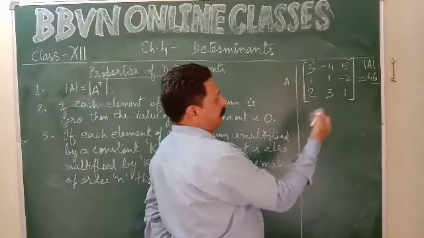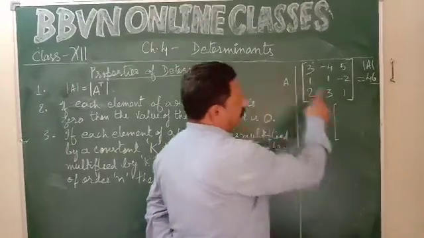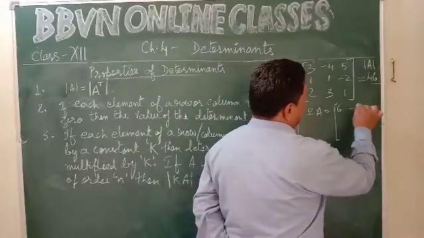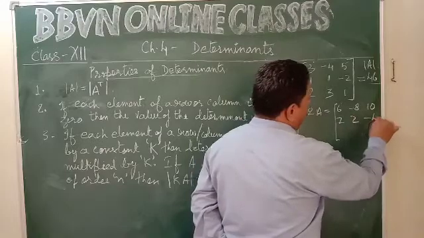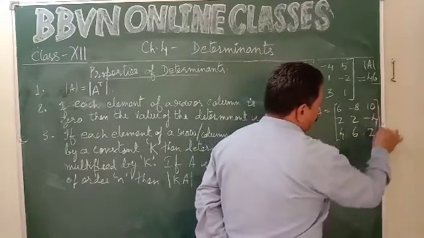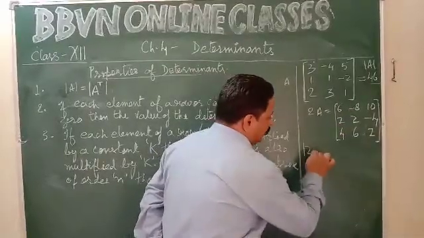K means say I get 2A. So each element of the matrix will be multiplied by 2. So this is 6 minus 8, 10, 2, 2 minus 4, 4, 6, 2. This is 2A.